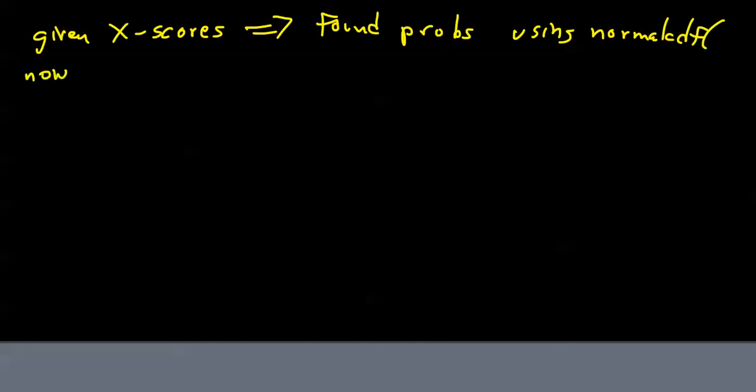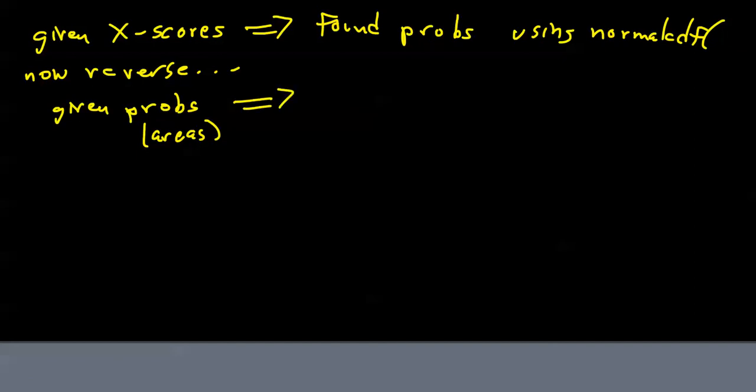Now, just like in the last section, we're going to do this in reverse. We're going to ask, given probabilities, typically in terms of areas under a non-standard normal distribution, we'll work it in reverse and find the x-scores, okay, in the non-standard situation.